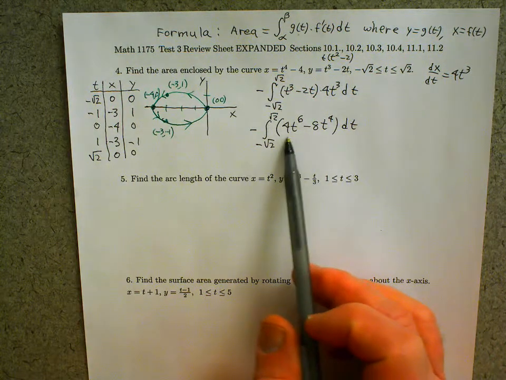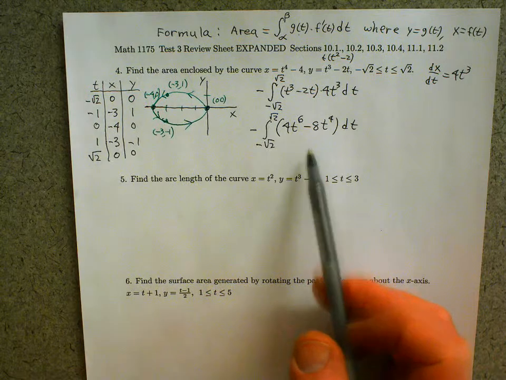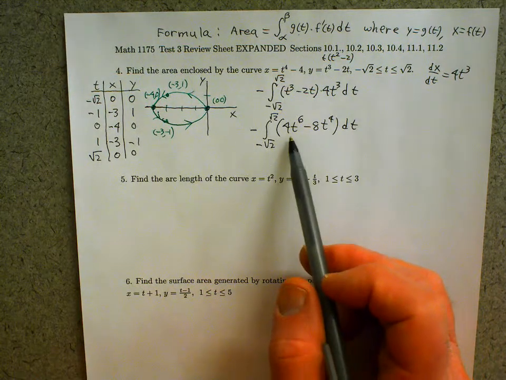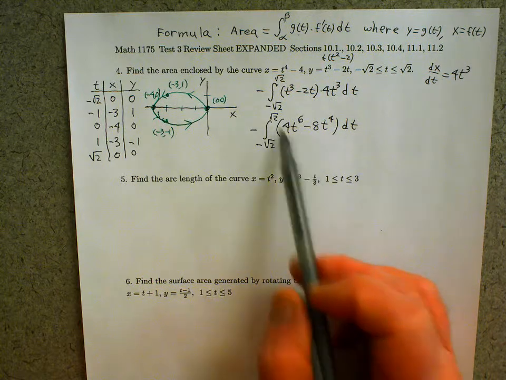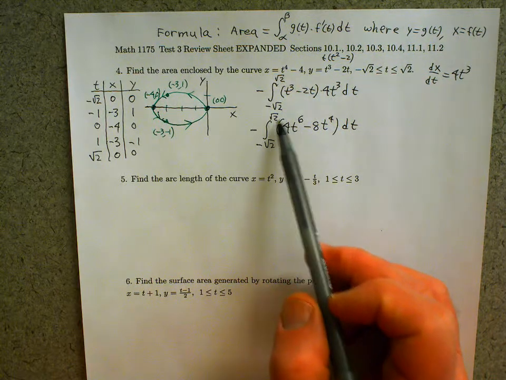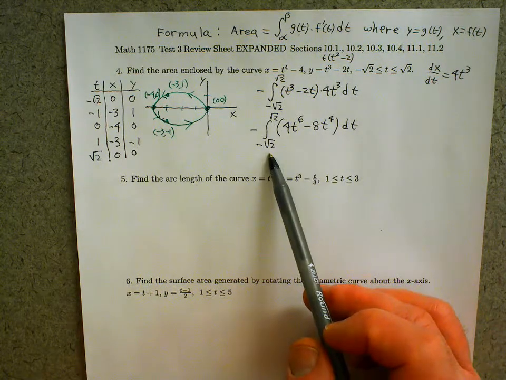And this should be simple enough to evaluate. You can leave the result in raw form if you want. After you find the antiderivative, just replace this t with the square root of 2 in the upper limit and negative square root of 2 in the lower limit.